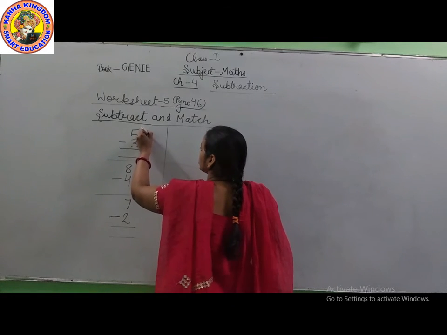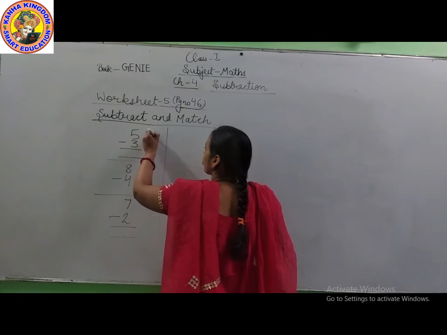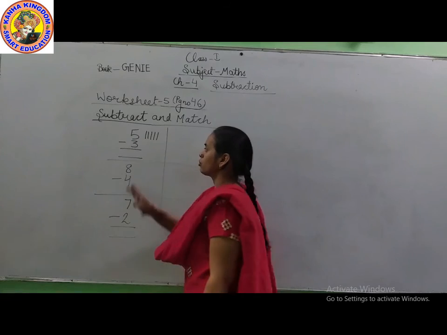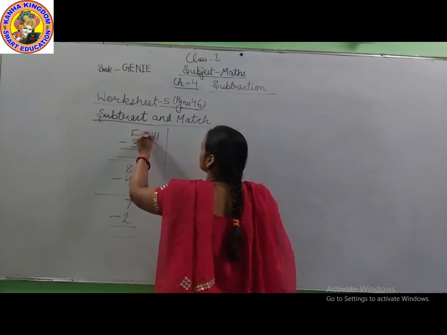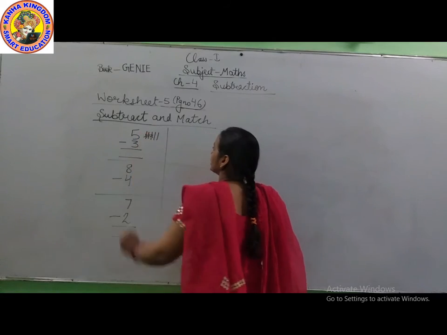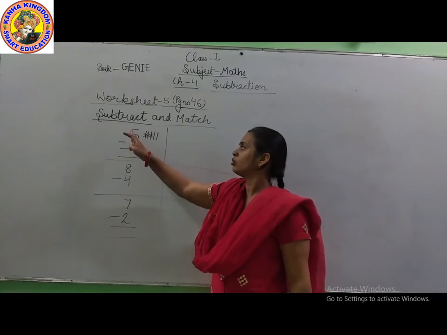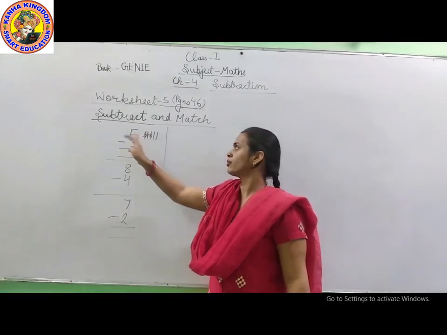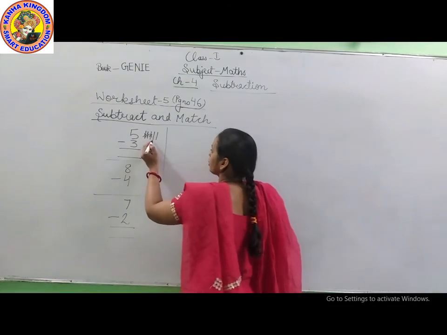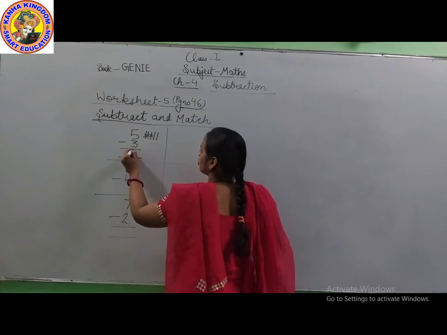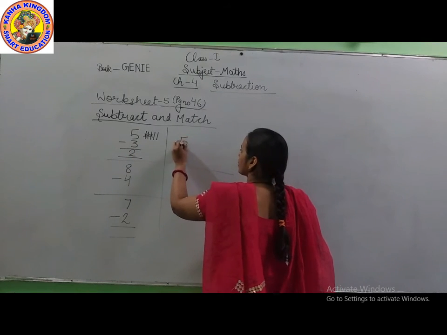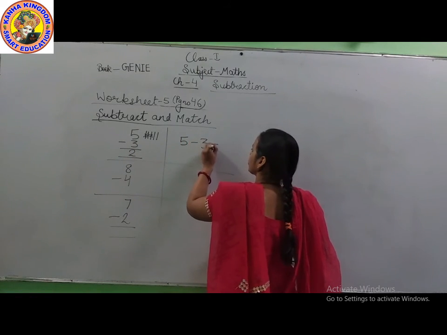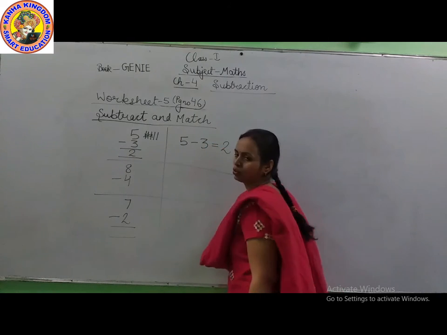So 1, 2, 3, 4, 5. So we take away 3 from 5. 1, 2, 3. So when we take 3 from 5, we get 1, 2. So match this with 5 minus 3 equals 2.